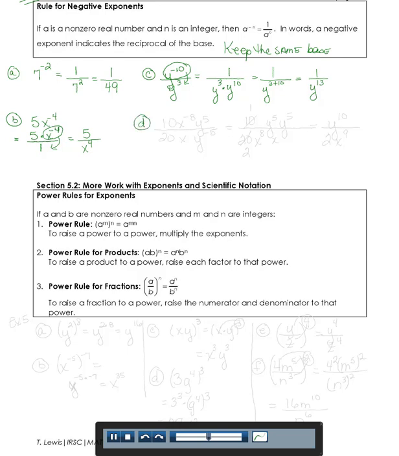Okay, here's a good one. We have here 10 x to the negative 8, y to the positive 5, all over 20 x y to the negative 5. All right, so here's my question.